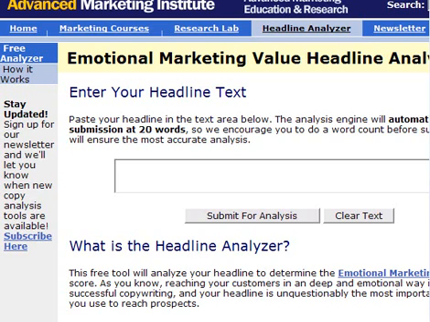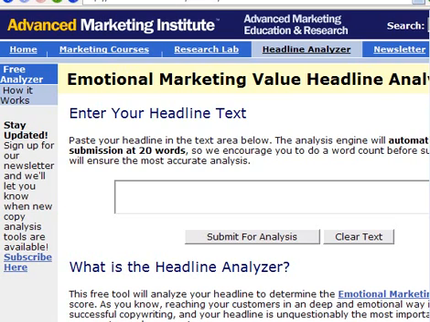You just put your headline in the text area, and then the engine analysis will take over from there and let you know whether it's good. It tells you what the analyzer is and why it does what it does and what your score means. And then from there, how you can make your headlines mean more. It gives very good insight.